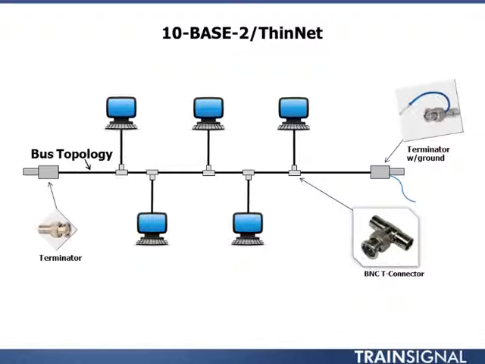And then with 10-base-5, it had a limit of 500 meters. But it's essentially the same system, it's just with thinner coaxial cable, which made it easier to deploy. Now, one of the things about the BNC connector that you actually also see here, it's actually a twist-on type of connector. So coaxial cable, again, used extensively in the early years of networking, not really used typically now.